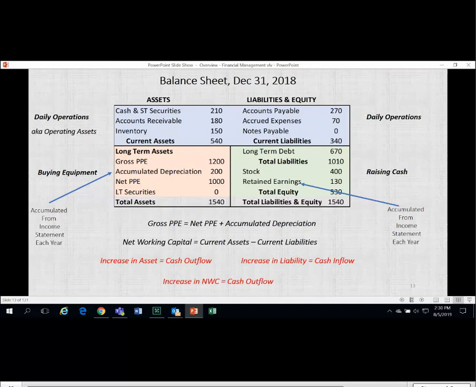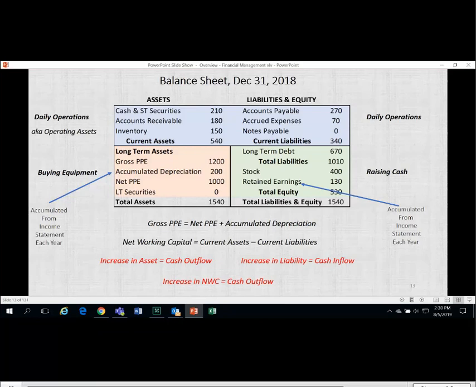It just changes infrequently. Over on the lower left, the salmon-colored area is the long-term assets. This is basically buying equipment in order to help us produce the product that we're going to sell to the customer. And under there, we have gross PPE. When we buy the equipment, we list that price, that value, as gross PPE. And then each year we have a depreciation expense.